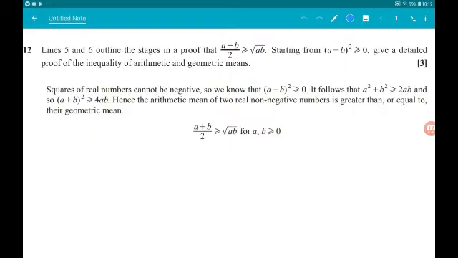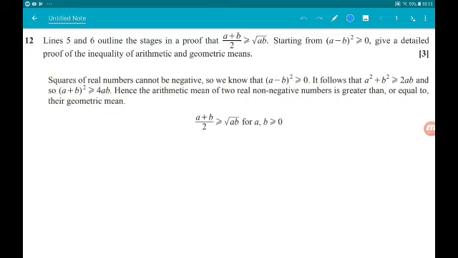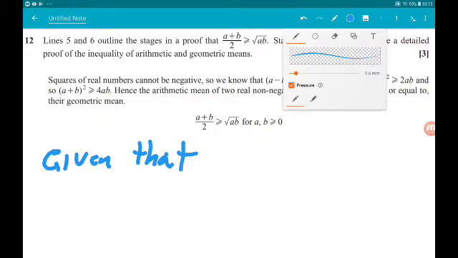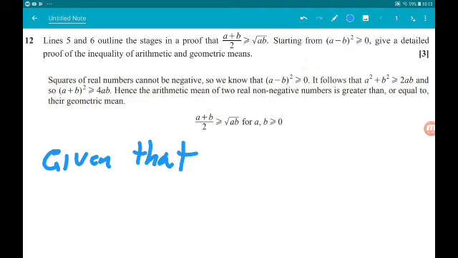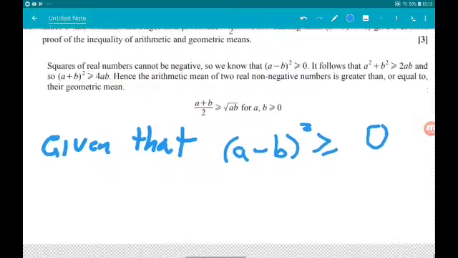So let's start by saying then, given that a minus b squared is greater than or equal to 0, let's expand the brackets.